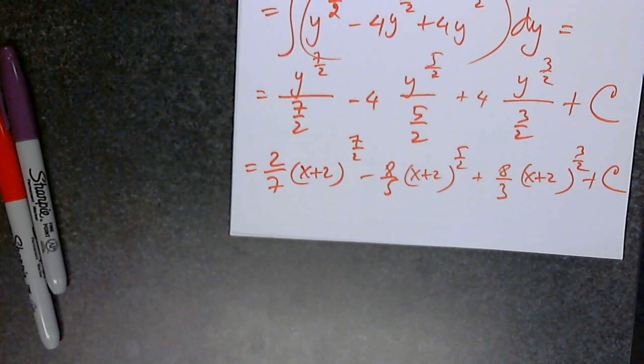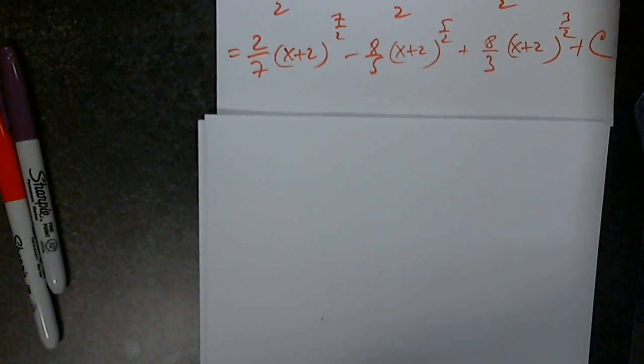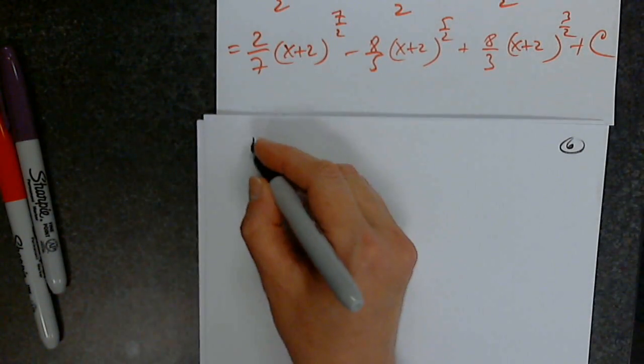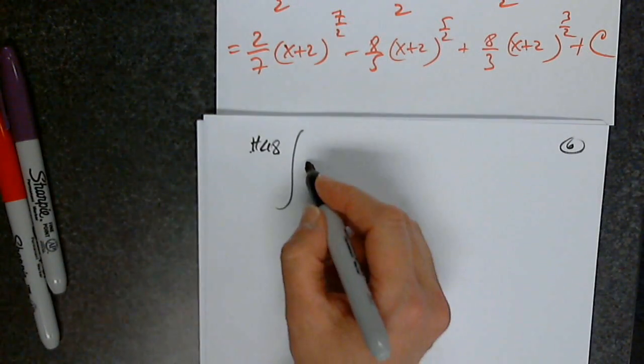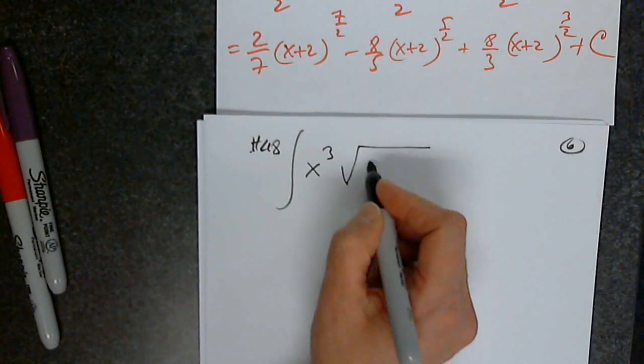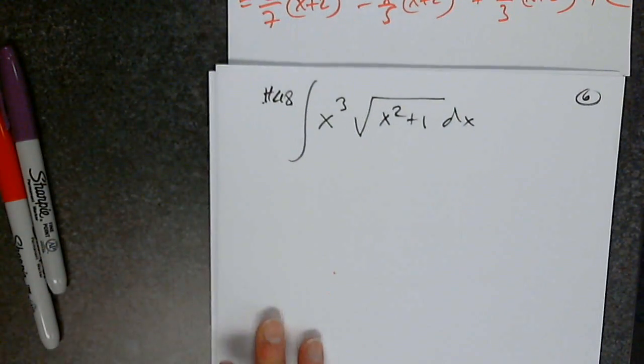So that's the integral from x to the third. It's similar, but not the same. The integral from x to the third, the square root of x squared plus 1 dx. Very good. Let's work on this for 2 minutes.